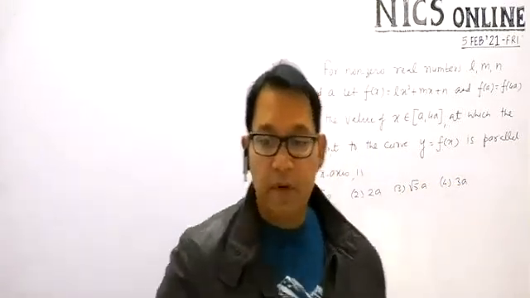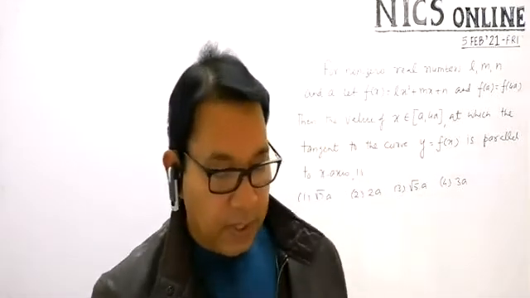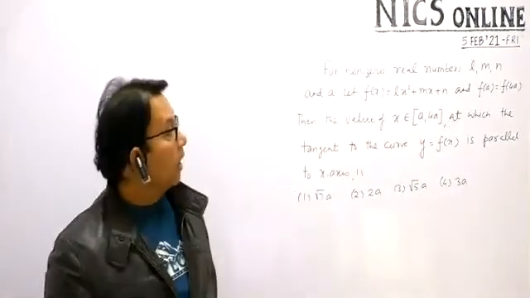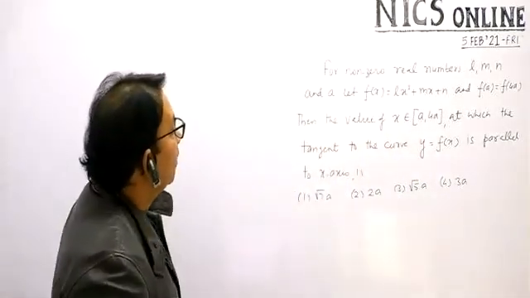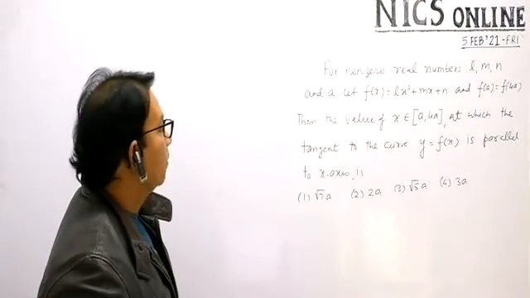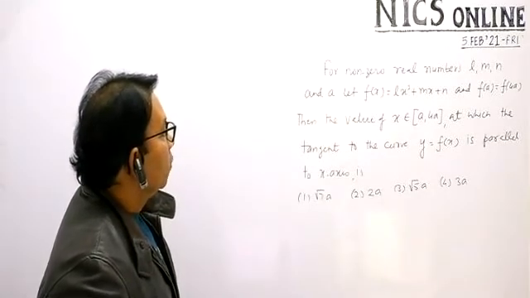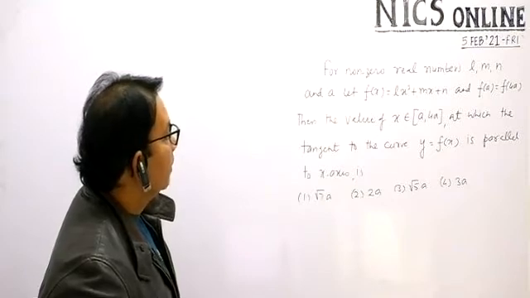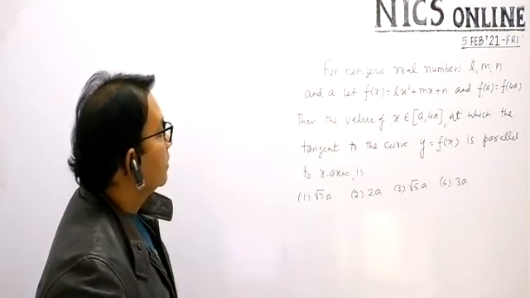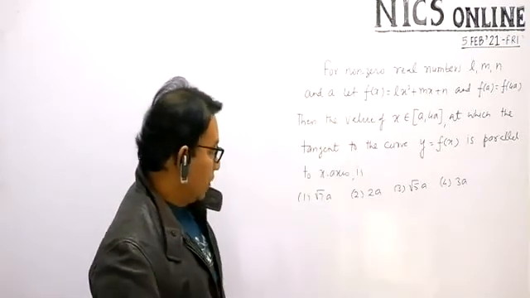Read the question carefully. You find that you've been given a polynomial, which is continuous and differentiable everywhere. You've been given f of a equal to f of 4a. That means this satisfies the condition of Rolle's theorem.